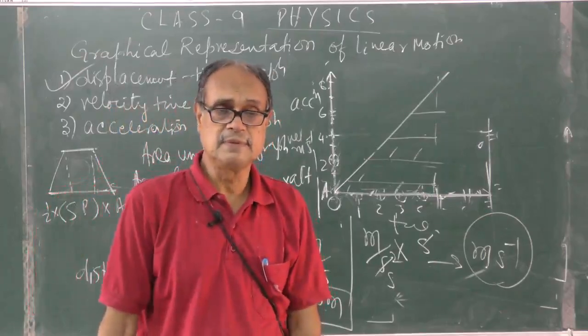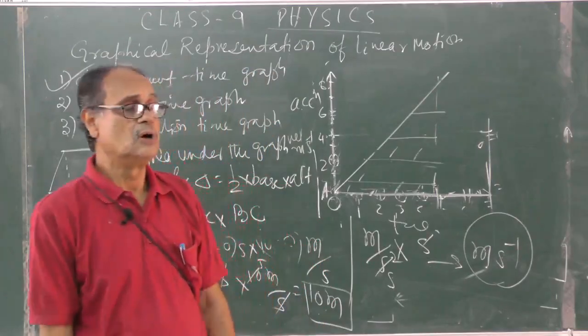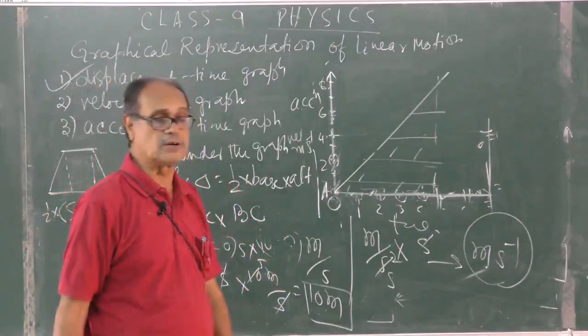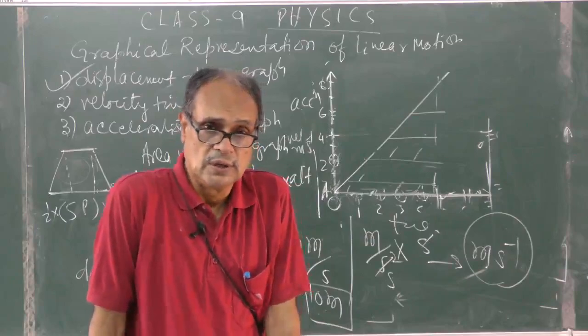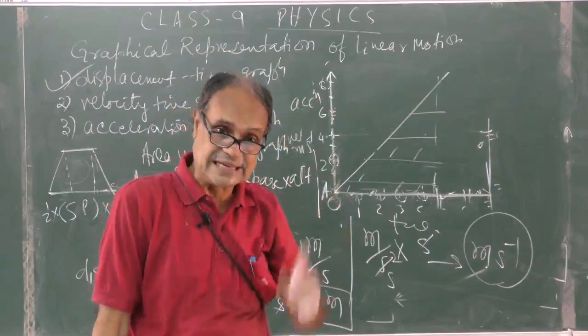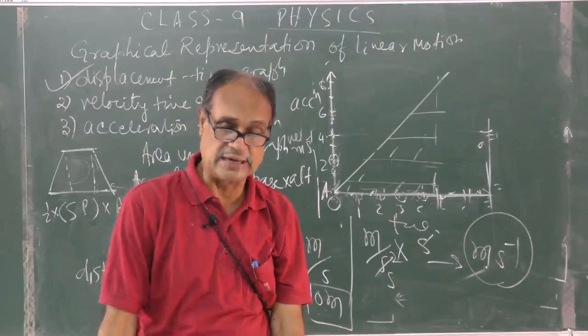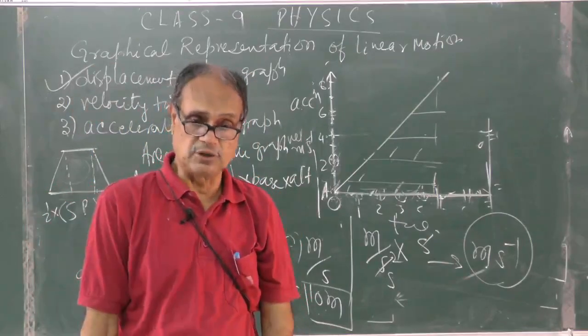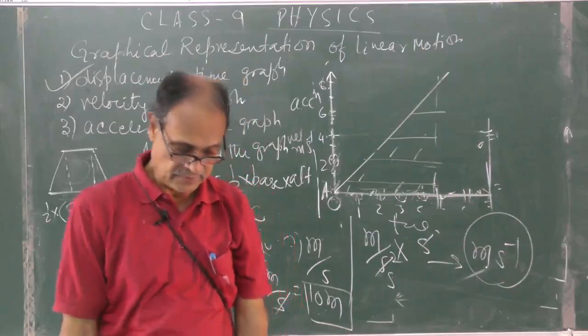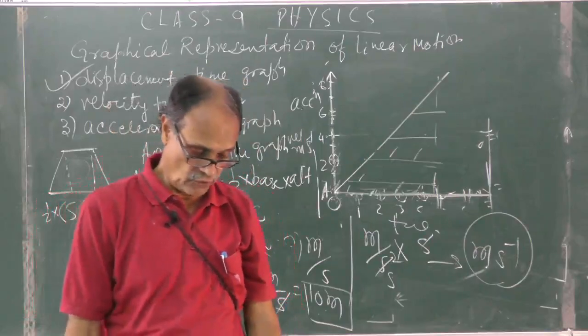Similarly, acceleration is also a vector quantity. That's why acceleration can also be zero, acceleration can also be negative, which is called retardation or deceleration, and acceleration can be positive. In all these features you must go for.